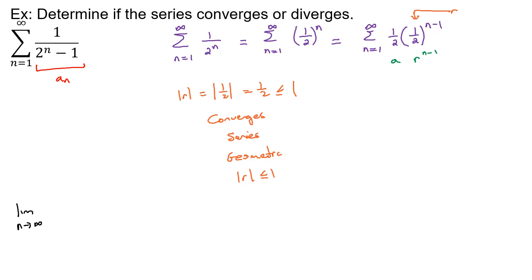So I take the 1 over 2n minus 1, and divide that by my b sub n. And I'm actually going to use the 1 over 2 to the n just to make it look a little nicer.